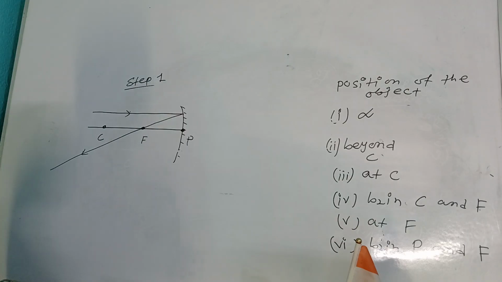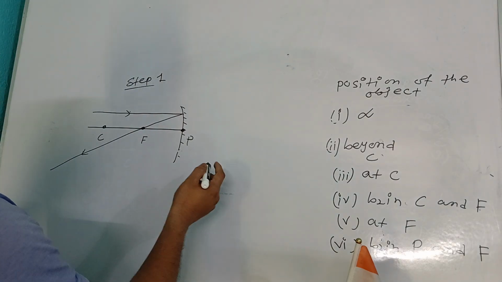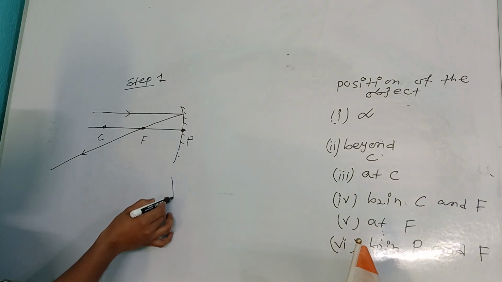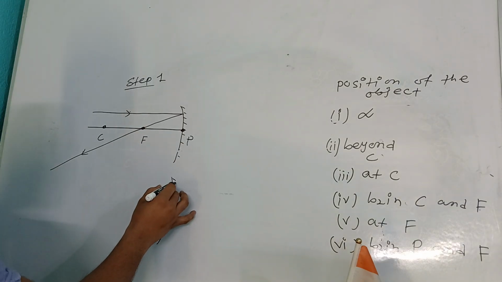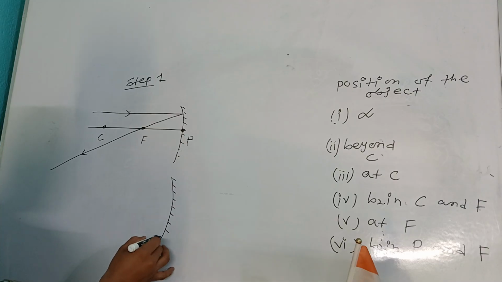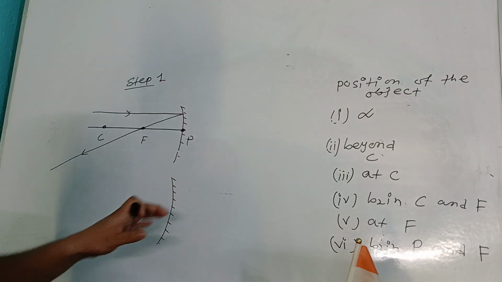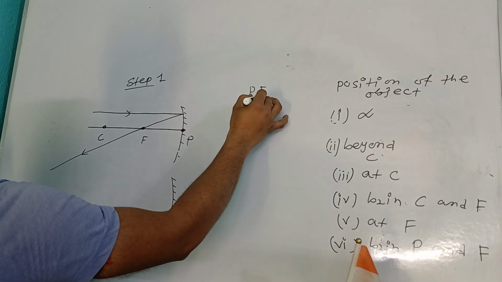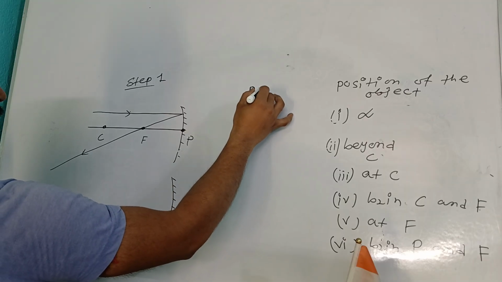This is number one. Number two, the opposite of this one. Again we have a concave mirror. Just draw it. Now, what is the main point you have to remember for ray diagrams? P to F. Once again, P to F. Put it in your mind.